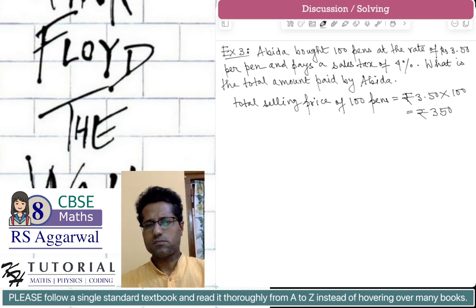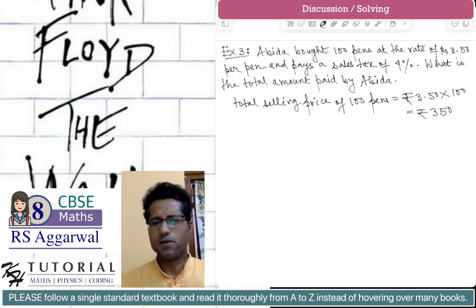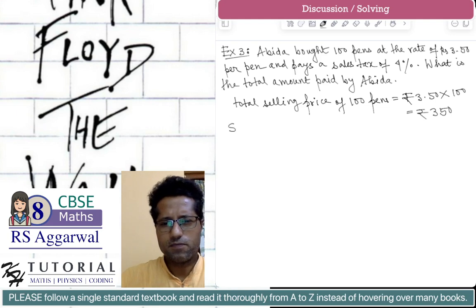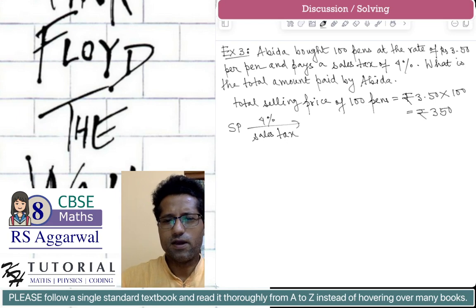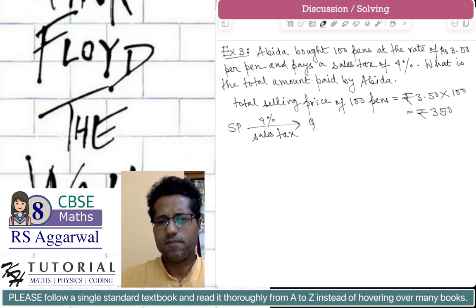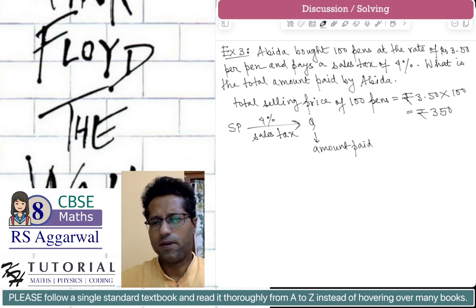Now Abida also has a sales tax of 4%. So we have SP, we have 4% sales tax, and we have to find Q. That is the final amount paid, the value of the bill or amount paid by Abida.